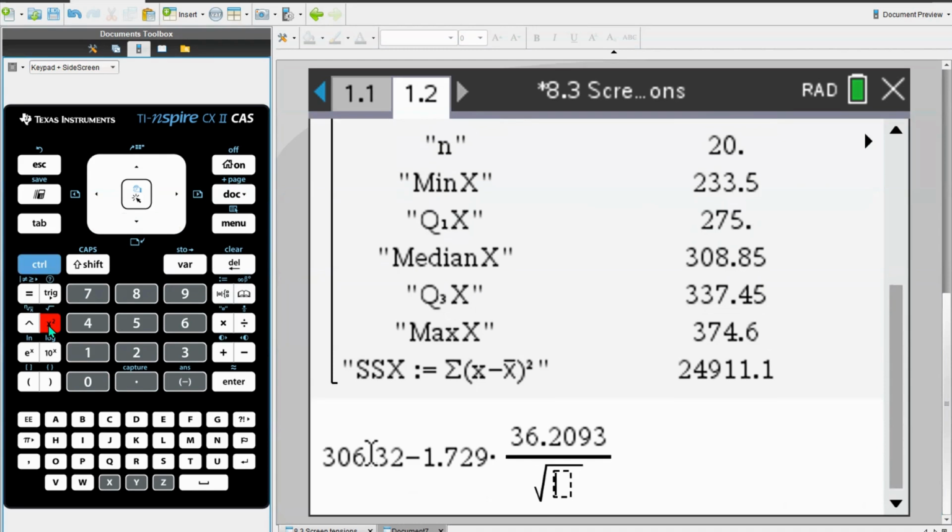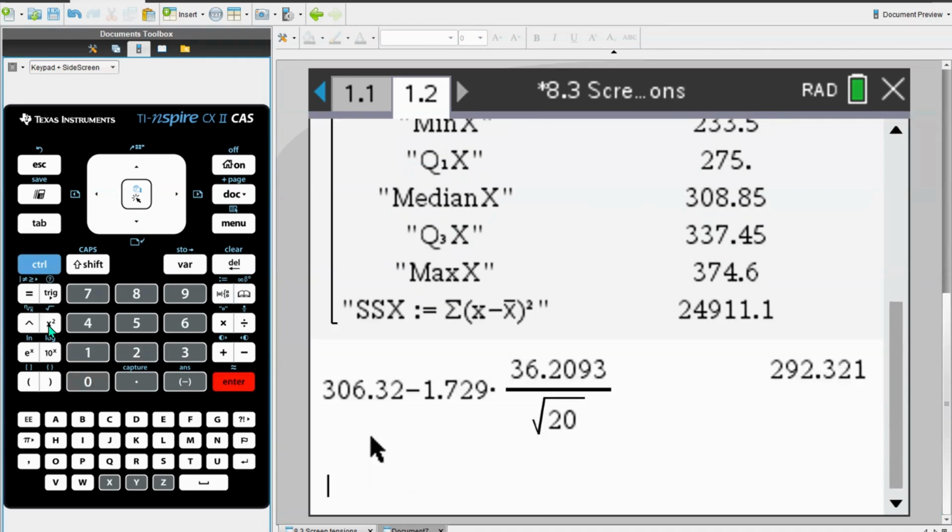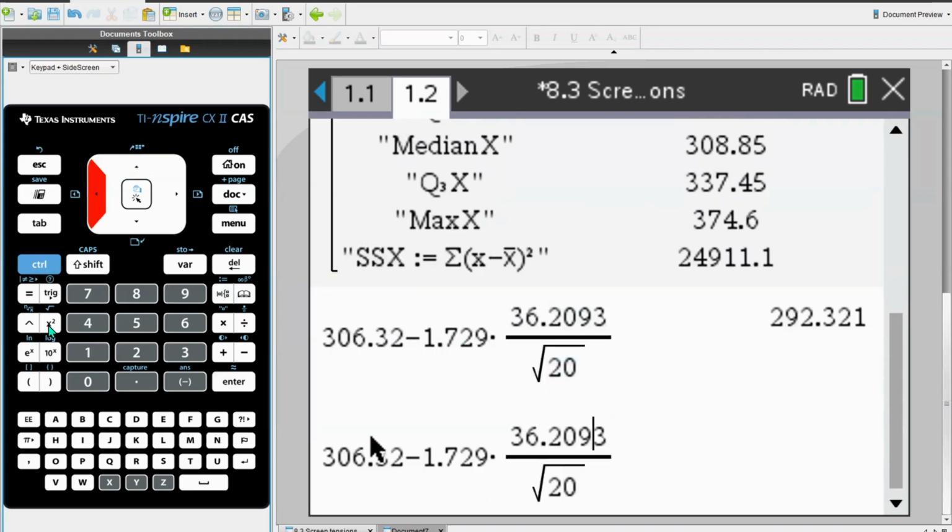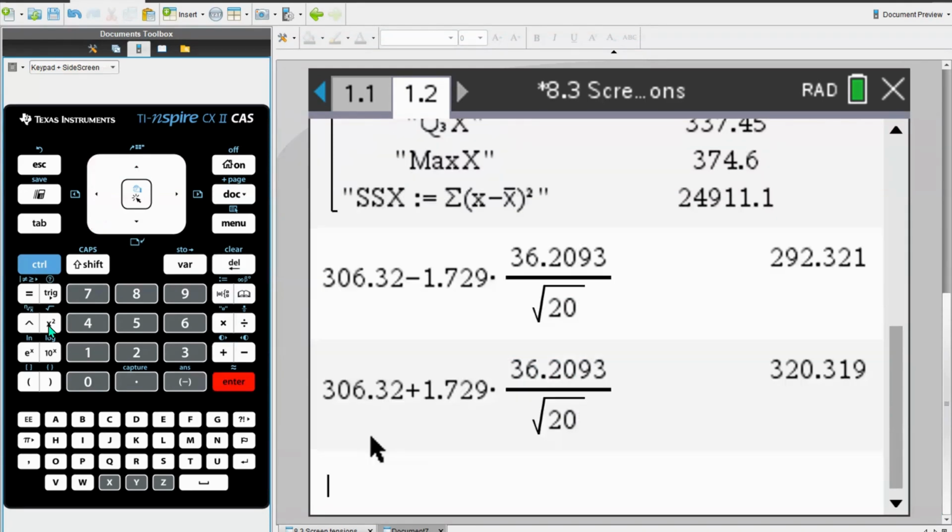Square root of sample size being 20. So we get as a lower bound 292.321. And we get as an upper bound 320.319.